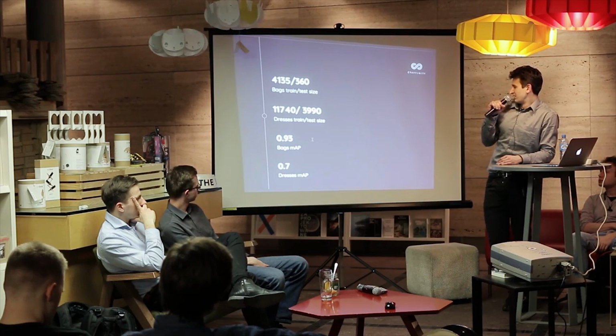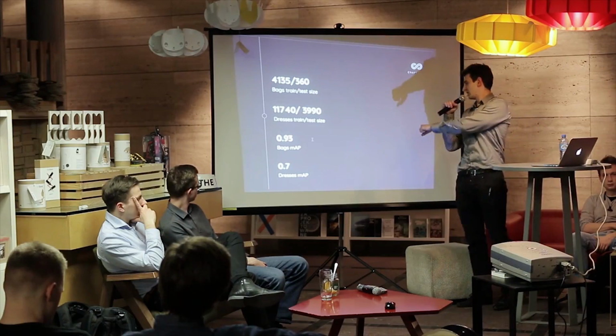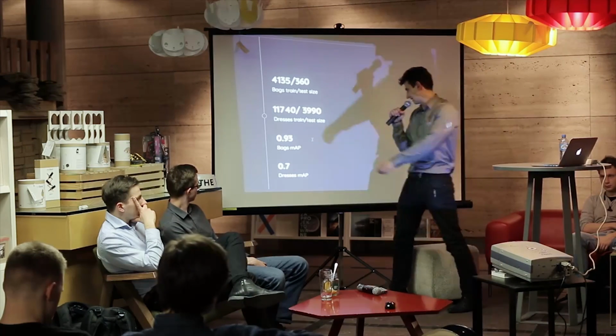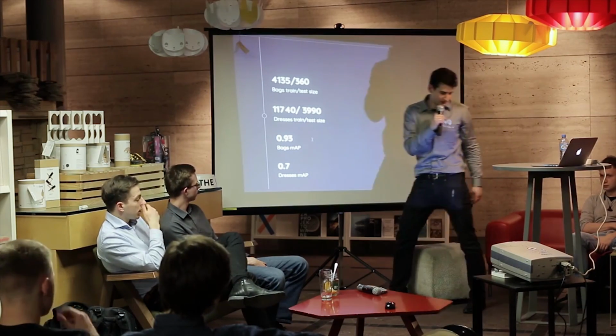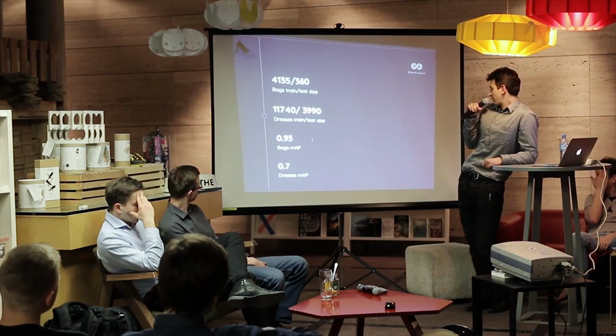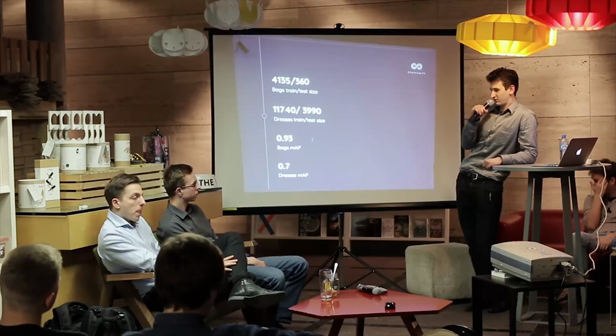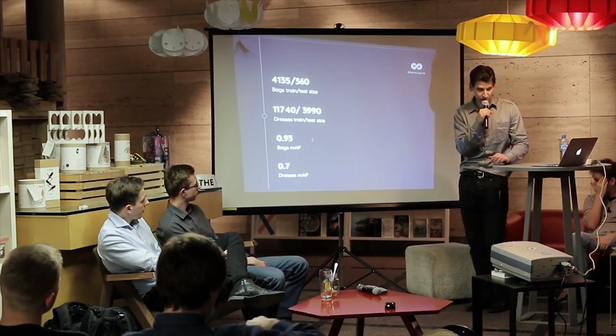But it appeared that the SSD performs much better on bags, which is reflected by the score. There is the bags mAP, that is mean average precision, while on dresses the score is much lower. It's an important thing to remember.